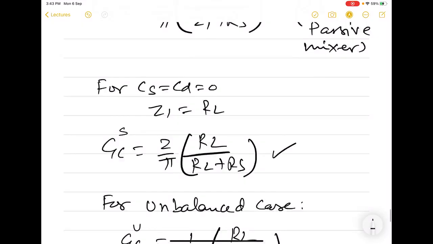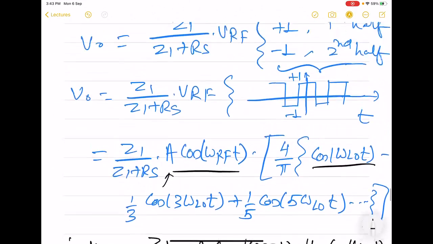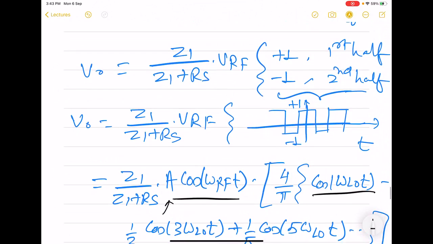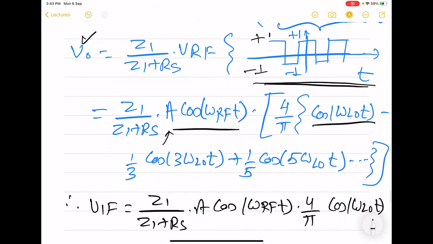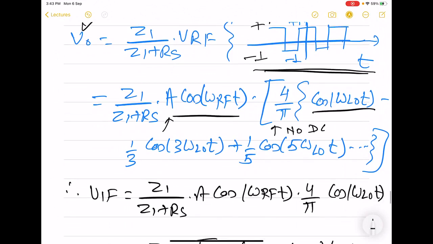And since now we have this output getting multiplied by a square wave, which is between +1 and -1, that means it has no DC. So here you can see there is no DC. Because there is no DC, on the output side we do not see any RF. So RF does not get leaked to the output side.